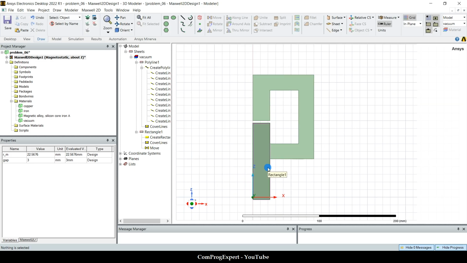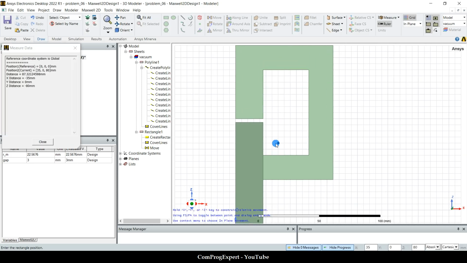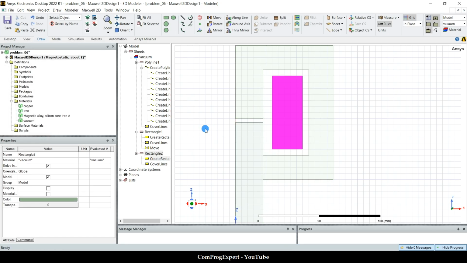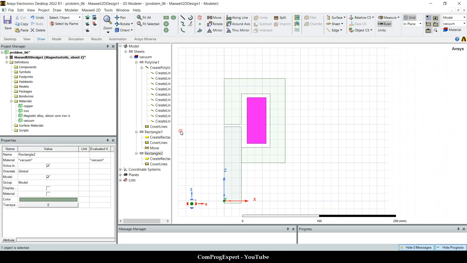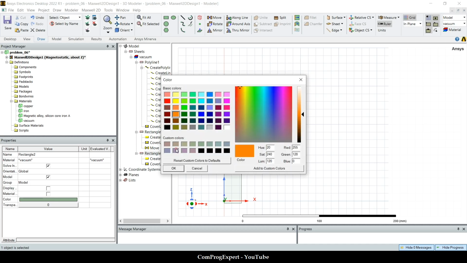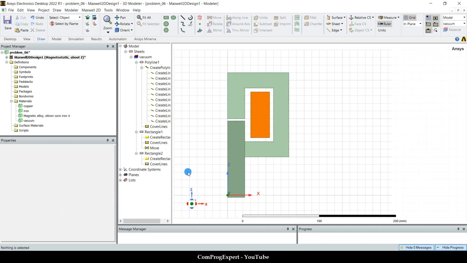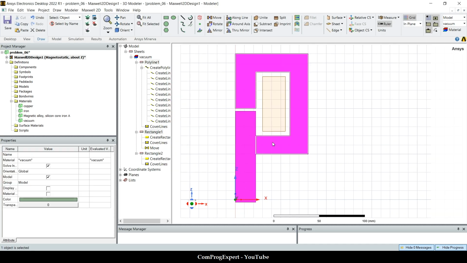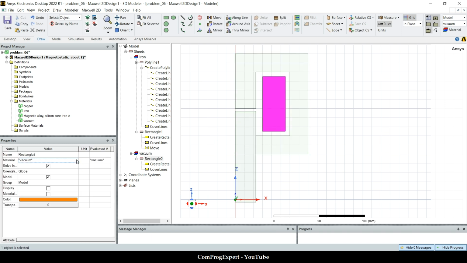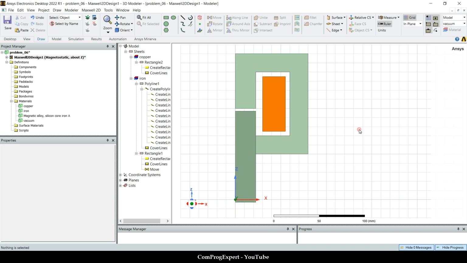You know that. So we can generate this for the geometry of the coil. So let's change the color, the coil geometry, and the material of these two objects, ideal iron. This is copper.